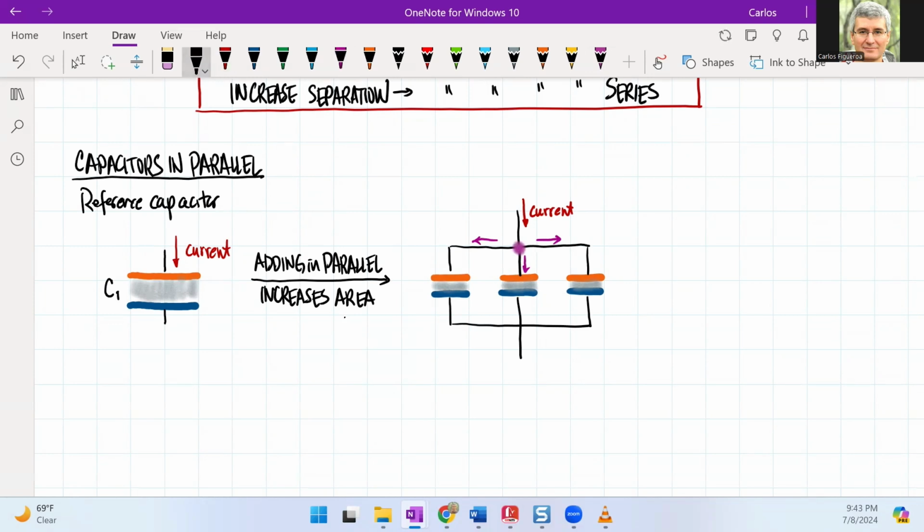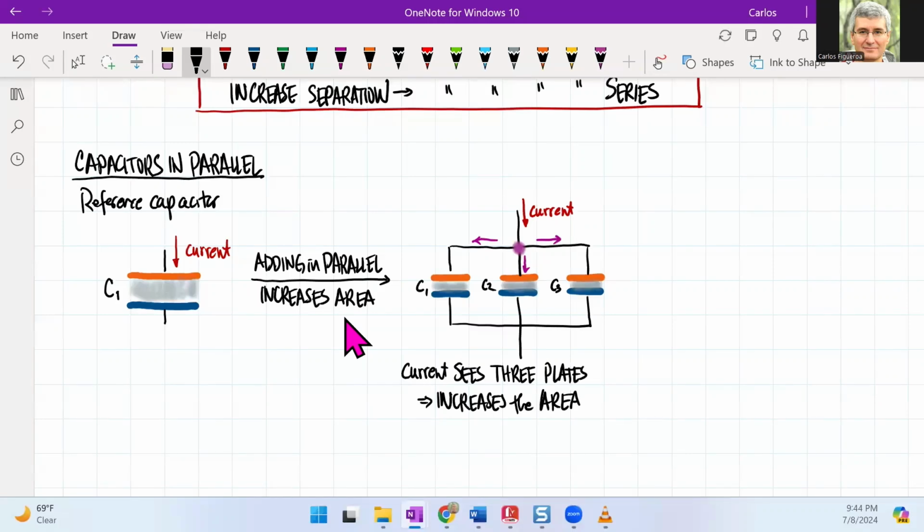And so when I'm looking at these capacitors, what is actually happening? Well, what we're seeing here is that because it's splitting like this, the current sees 3 plates, and that automatically increases the area because now I have 3 plates.